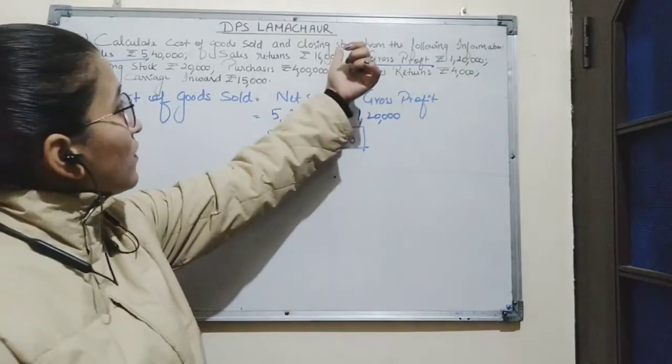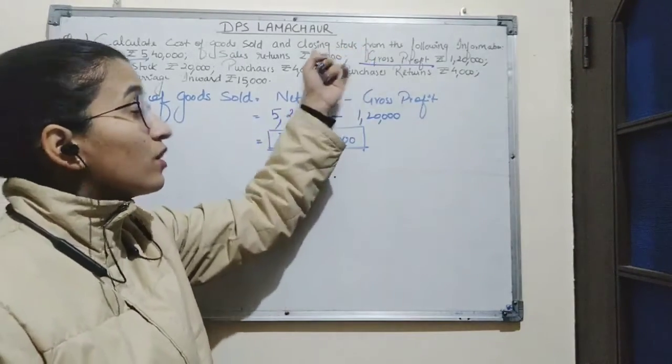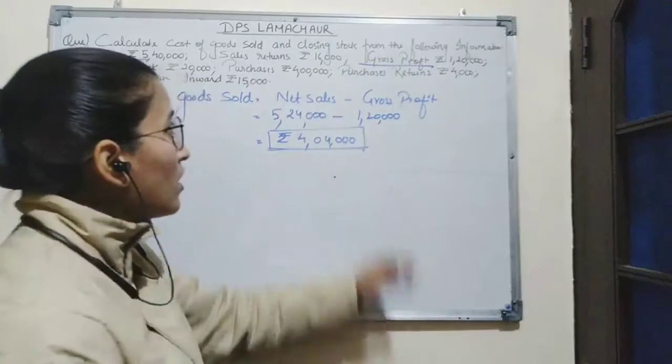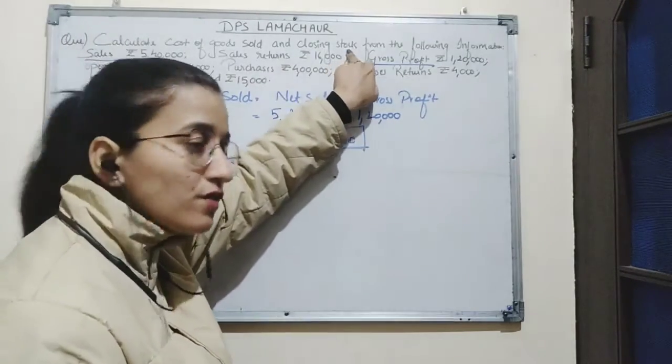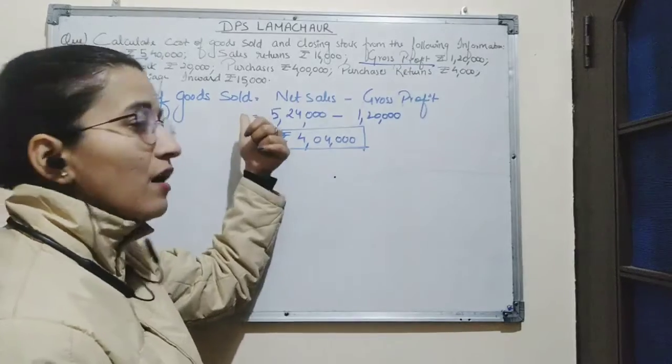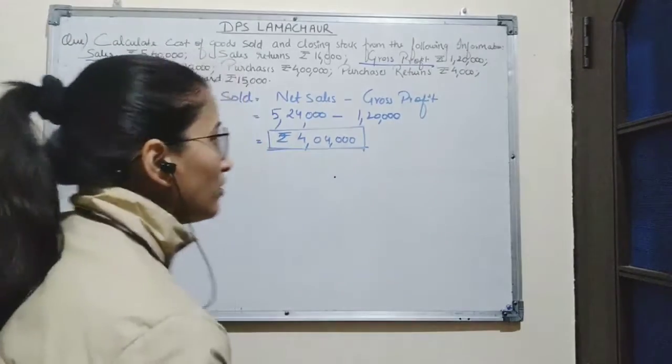Now second thing which we have to calculate is amount of closing stock. So to calculate the amount of closing stock, we'll put the second formula for calculating cost of goods sold.